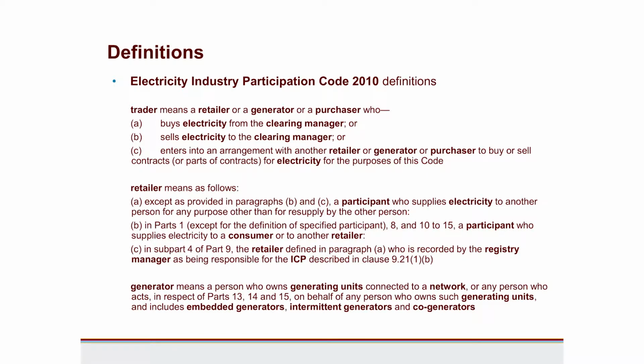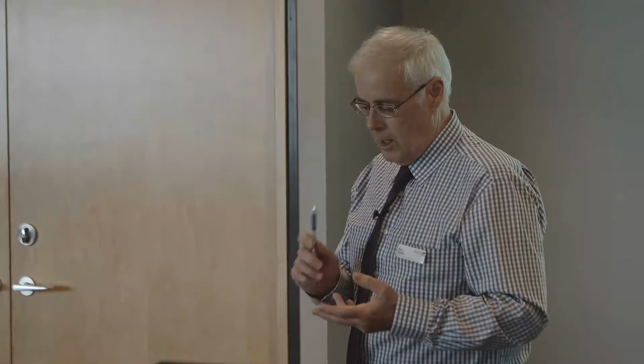Retailers that buy electricity from a purchaser who buys electricity from the clearing manager is a totally different type of retailer, and currently that retailer has very limited code obligations. They're still required to register with the authority as a participant. They're required to comply with other legislation such as low fixed charge regulations, and they may have some obligations coming up as part of the retailer default process that we're implementing at the moment as well.